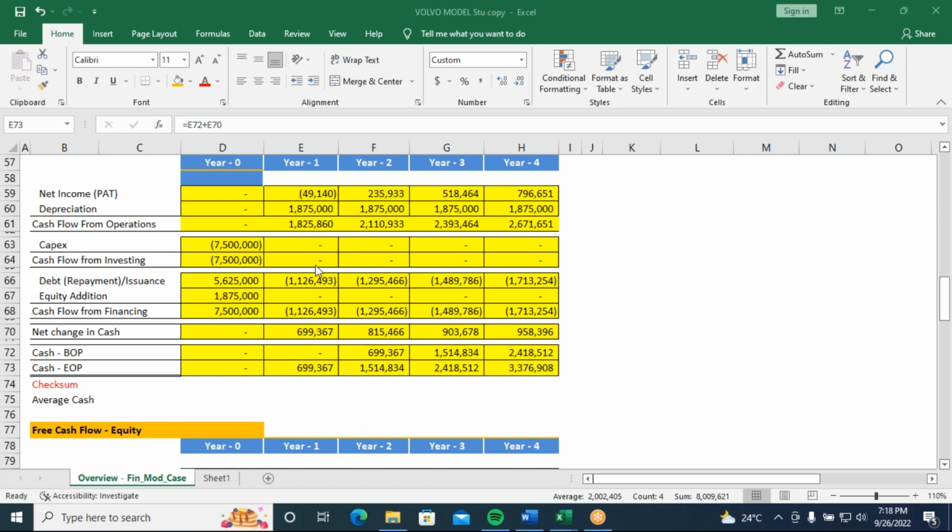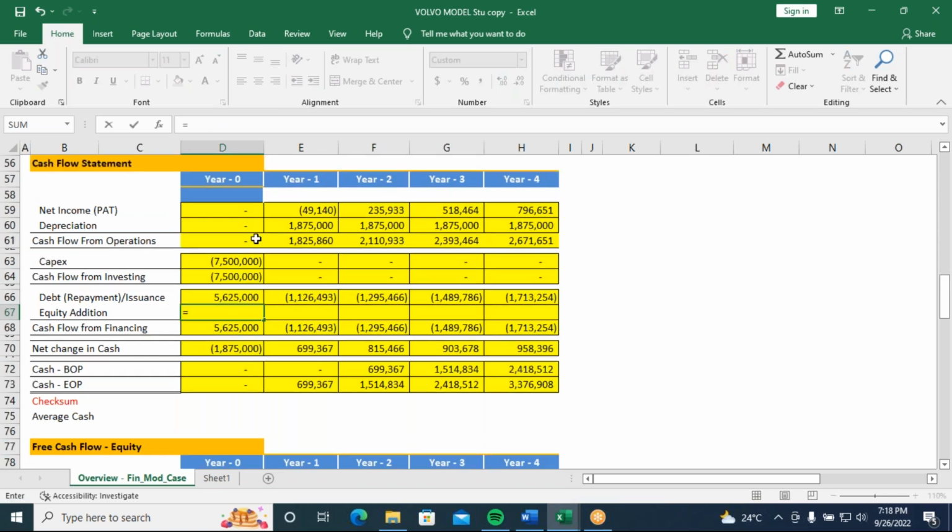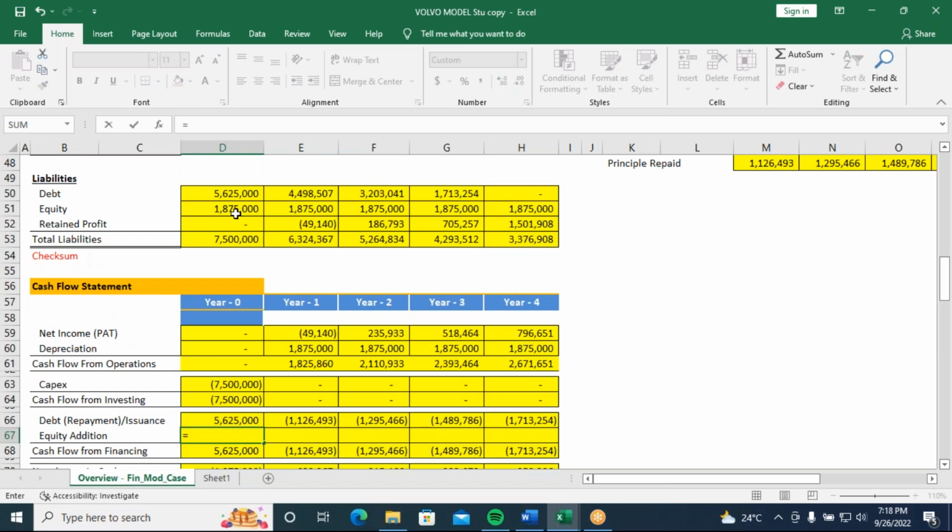Equity addition. Okay. So equity addition will be equal to equity, whatever the value we have got.